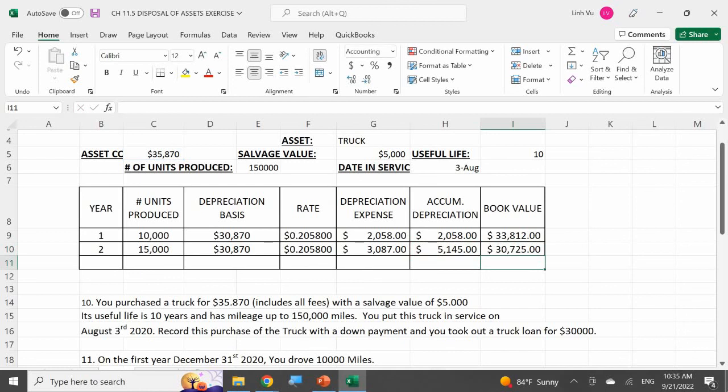So, did I gain money or did I lose money? Because my book value is $30,725. And I sold it for $30,000 brand new truck. You lost money. You lost money.